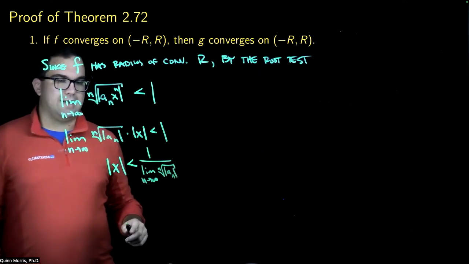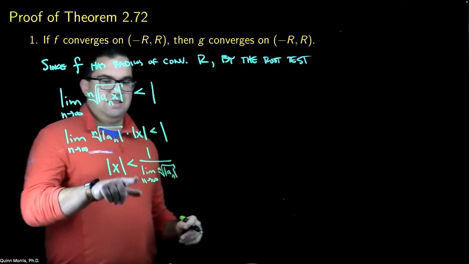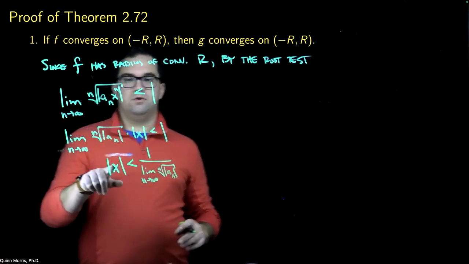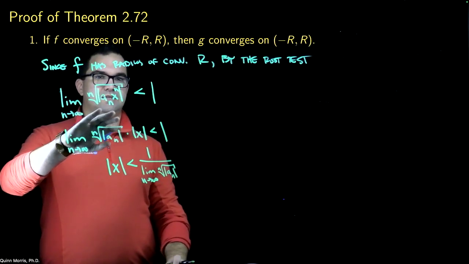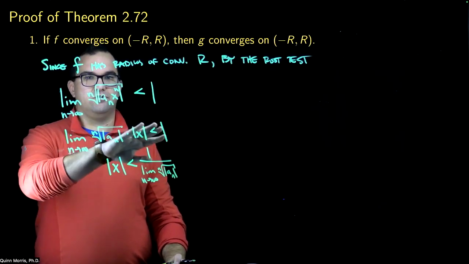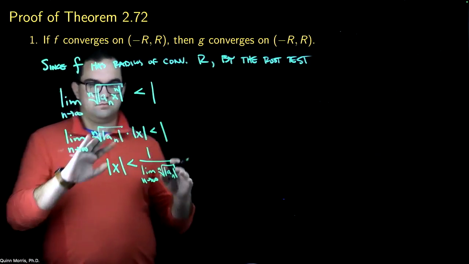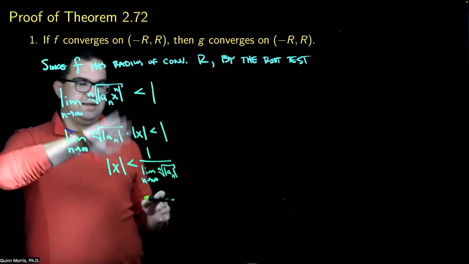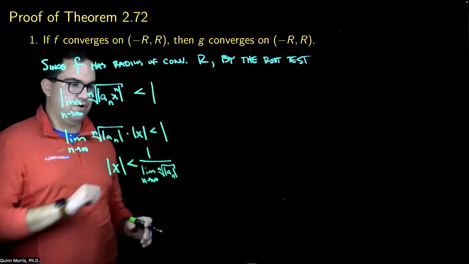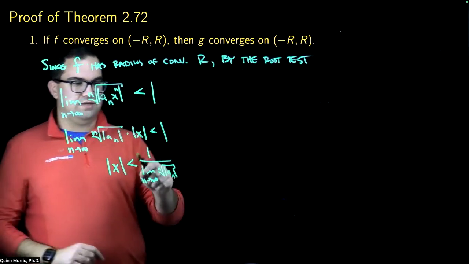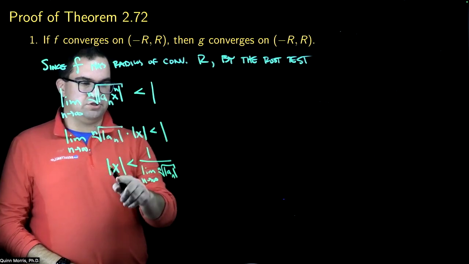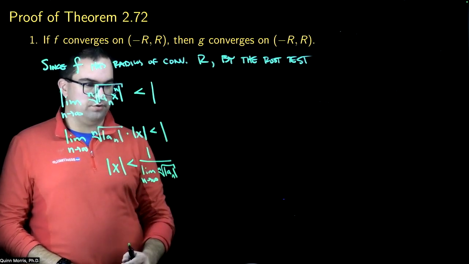Now, I can do that so long as this limit is not zero. Notice that if this limit is zero, then the radius of convergence is infinite. Okay, so if this is zero, then I can deal with that as a separate case. But if it's not zero, I can do this. And I know that this converges when this is less than r.